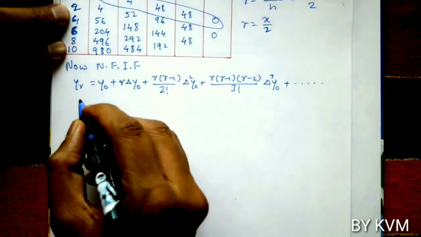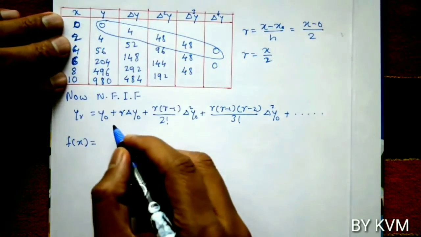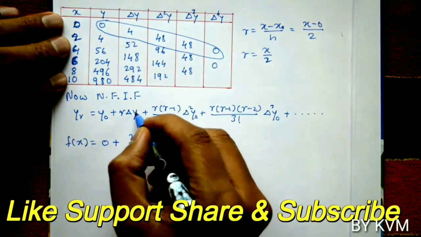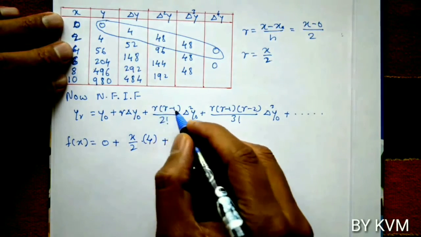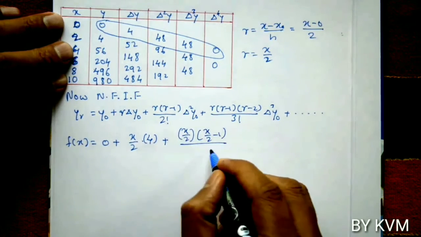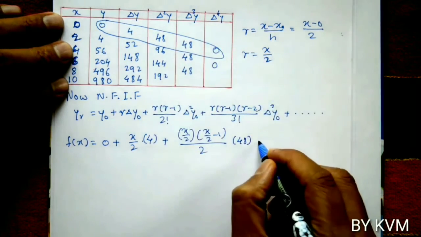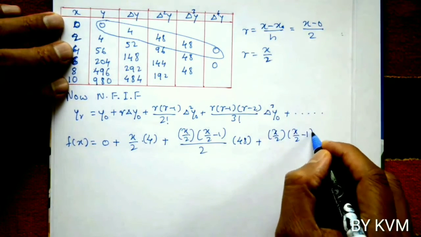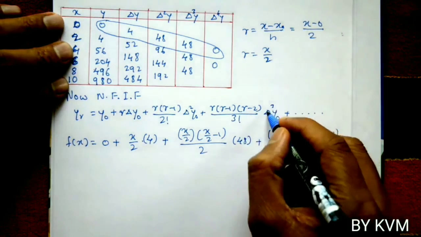So y r, which is nothing but f of x, equals y naught, the first value of y, 0, plus r, which is x by 2, into delta y naught, which is 4, plus r into r minus 1, that is x by 2 into x by 2 minus 1, by 2 factorial, which is 2, into delta square y naught, which is 48, plus r into r minus 1 into r minus 2 by 3 factorial: x by 2 into x by 2 minus 1 into x by 2 minus 2 by 3 factorial, which is 6, into delta cube y naught, that is 48.